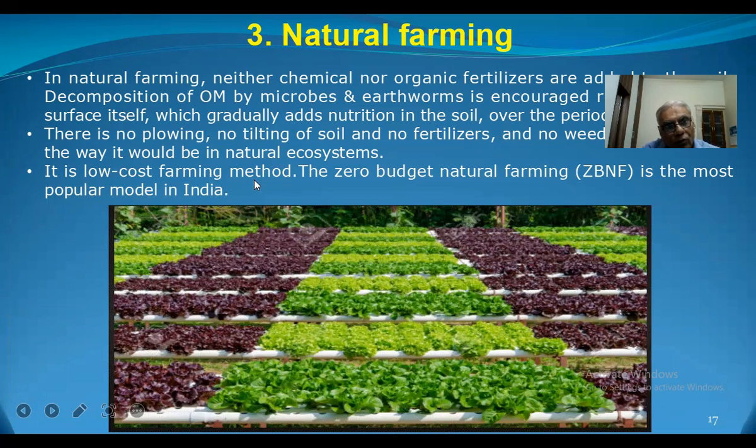It is a low-cost farming method. Zero-budget natural farming is the most popular model in India. Here you cannot find any insecticide or chemical residue on the crops, and it is safe for human consumption.